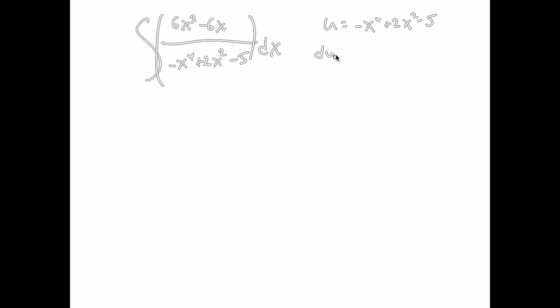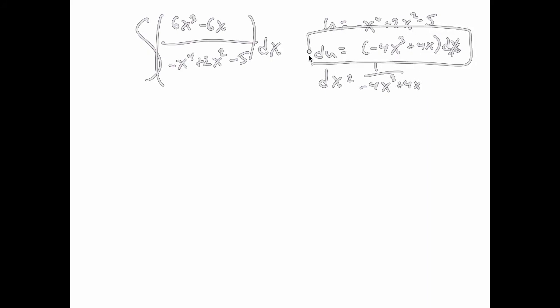Then our du is going to equal negative 4x cubed plus 4x dx. So this is the term that's going to end up dividing the previous one. Does that help us? So we convert dx to du over negative 4x cubed plus 4x. Now here, remember the change of variable formula. There's sort of two ways to do it.